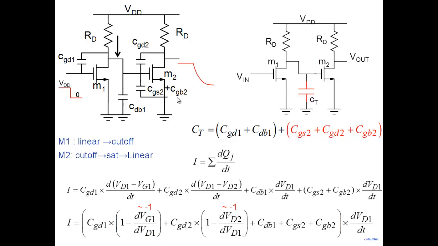So what we are saying is, if I put here -1 and put here -1, effectively I can write this as I equal to some capacitance CT times dVD1 by dt. And that's the motivation for writing it like this. But note that these are all capacitors that I'm writing here. These are all some average values. These are not the instantaneous values; they are all changing with time.